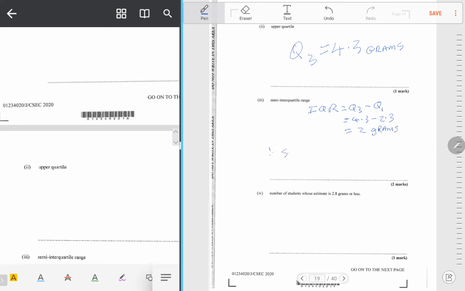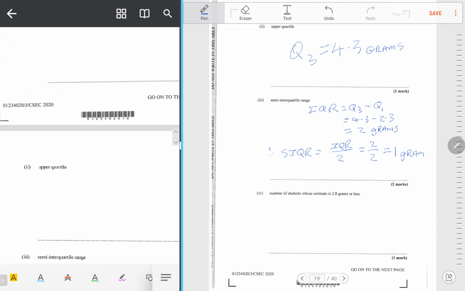Therefore, the semi-interquartile range is the interquartile range divided by 2, which is 2 divided by 2, which is 1 gram. 1 gram is the semi-interquartile range.